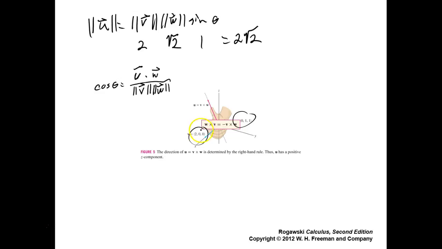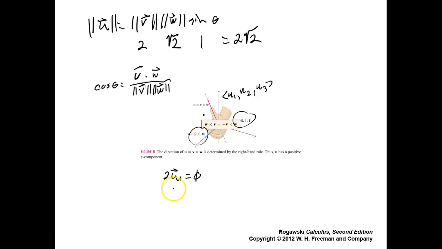Let's name this vector U: U1, U2, U3. Okay? And from this we know that 2U1 is equal to 0 because vector V dotted with vector U has to be 0, since they're perpendicular.